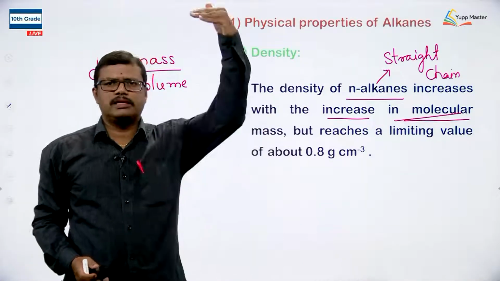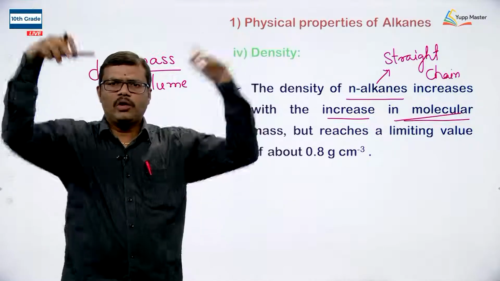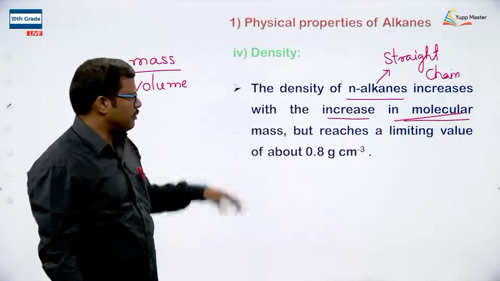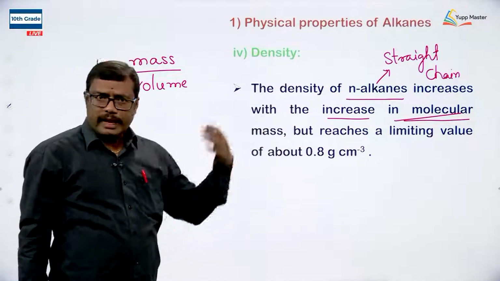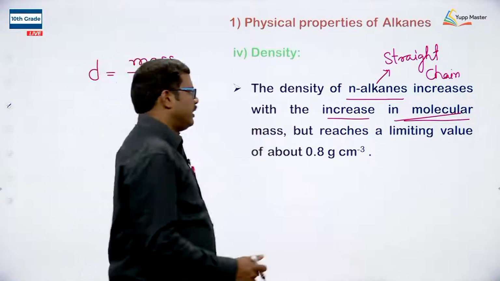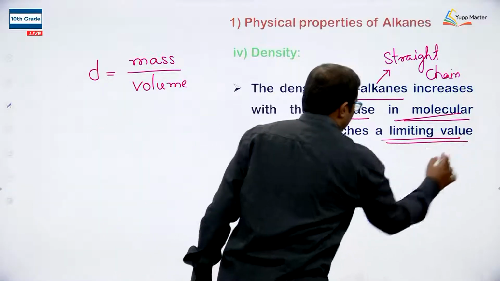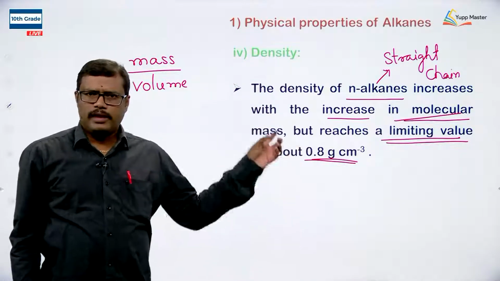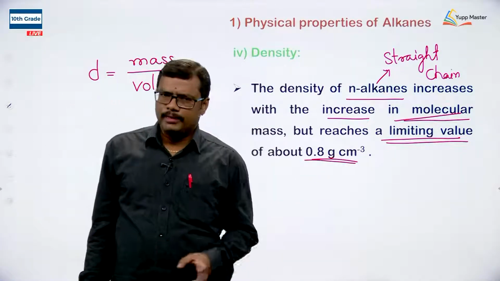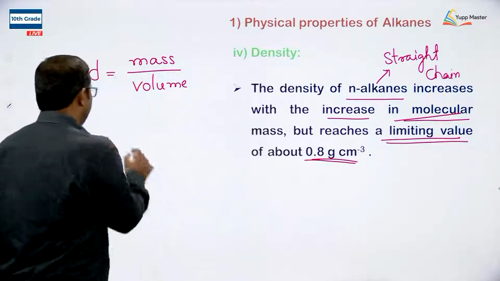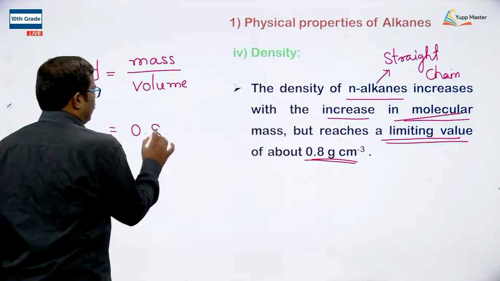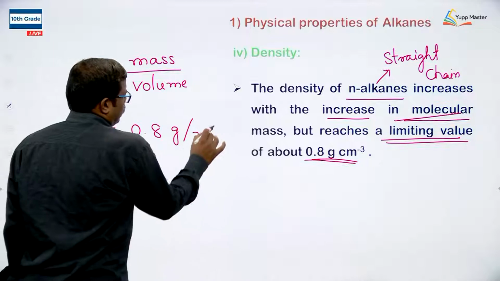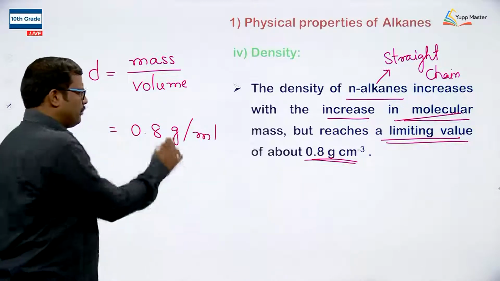As the molecular mass increases, the density of the alkane also increases. That is what is observed. But what is the maximum value we can expect? It reaches a maximum limiting value of density of 0.8 gram per ml. So, here we are going to get the density maximum as 0.8 grams per ml.